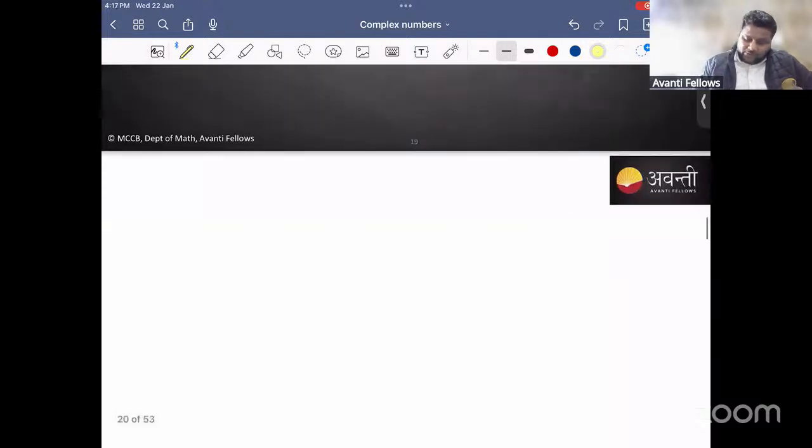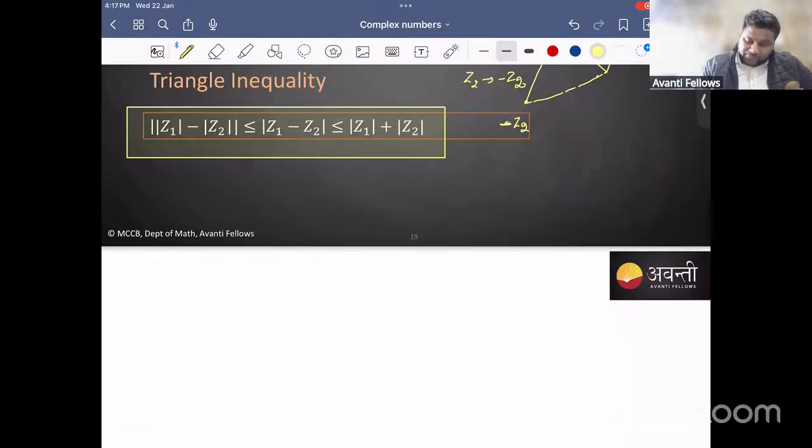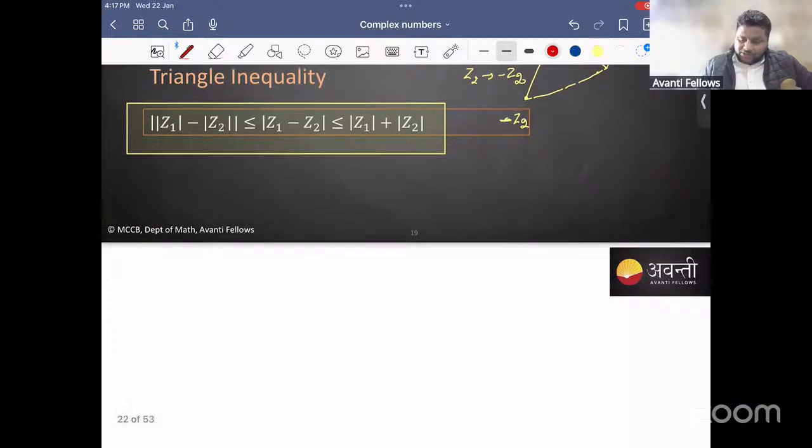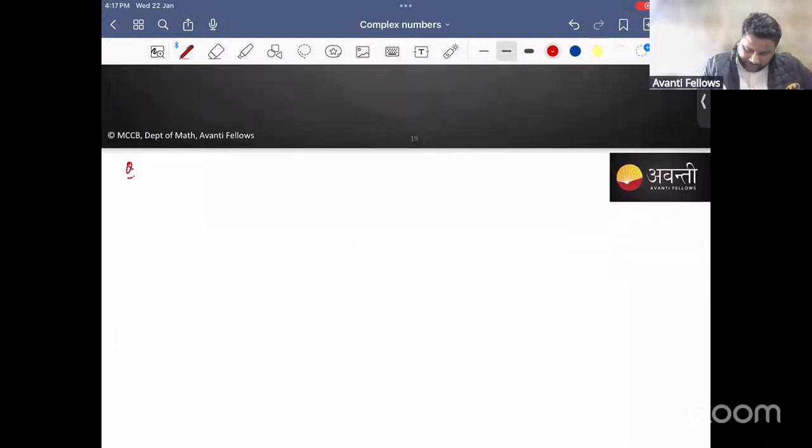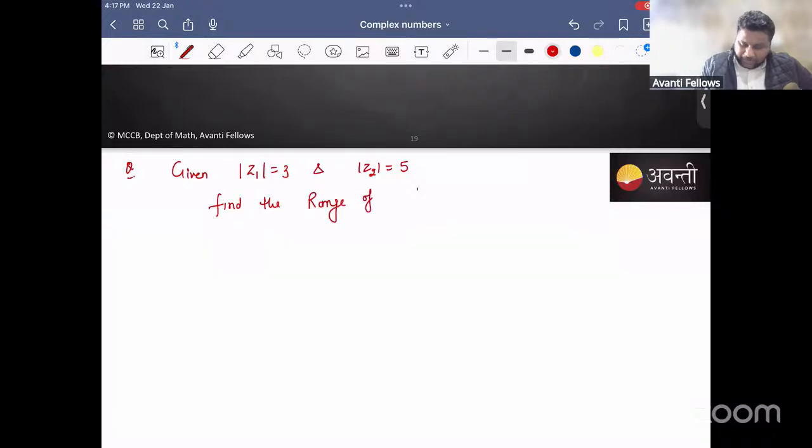Now, let's take a question on the triangle inequality. The question is, given magnitude of Z1 is 3 and magnitude of Z2 is 5, find the range of magnitude of Z1 plus Z2.